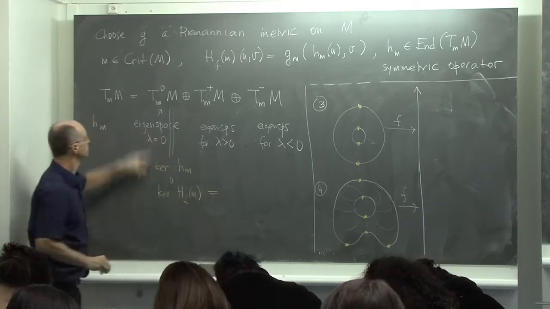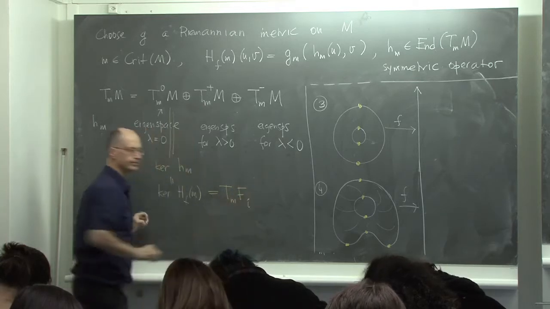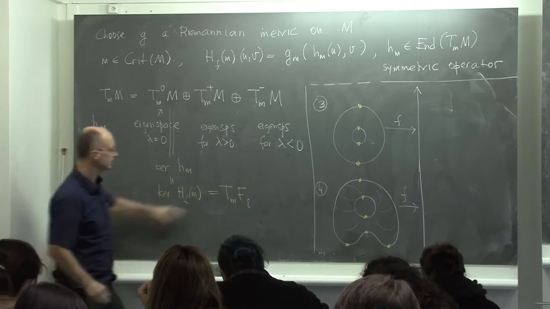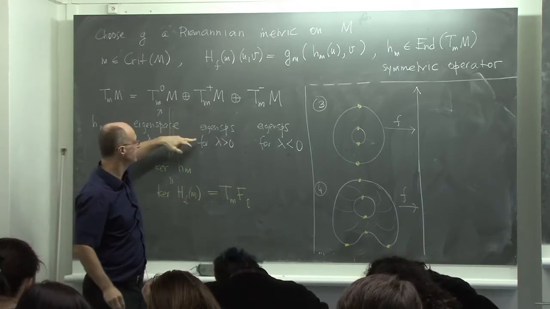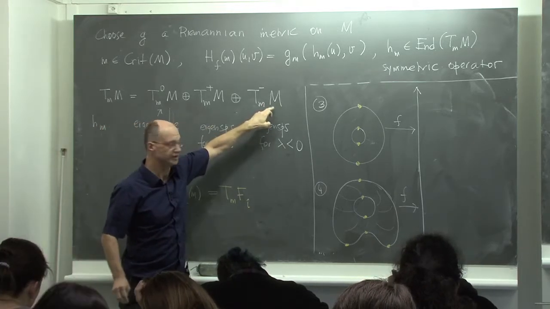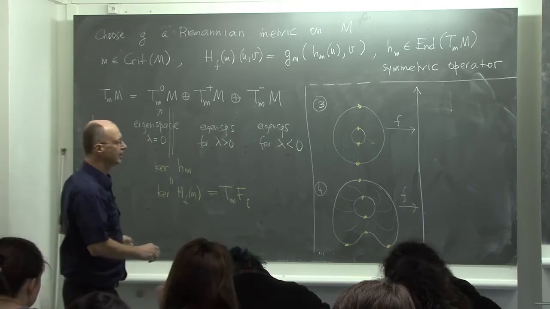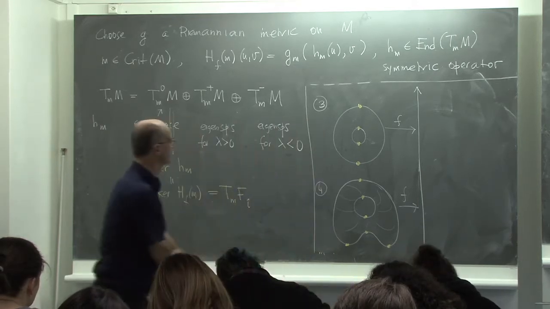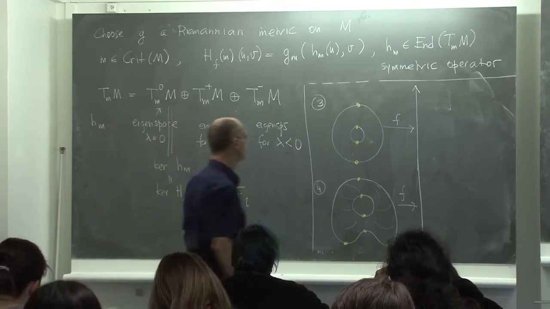And if the function is Morse-Bott, that's the tangent space to the critical submanifold. Now we are getting two more interesting subspaces, one corresponding to positive eigenvalues, another corresponding to negative eigenvalues. So now there are some more players in this game, even though I don't want to erase anything. Okay, probably I would have to redraw the pictures later.